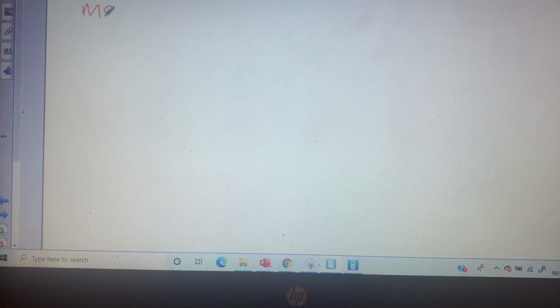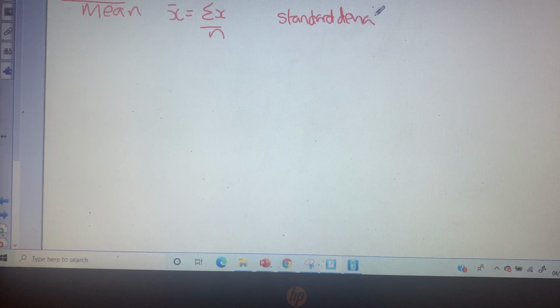We've got the mean, x bar is the sum of x over n. This is for raw data. And your standard deviation, and you're going to be told this formula, is the sum of x squared over n minus the mean squared, all square rooted.